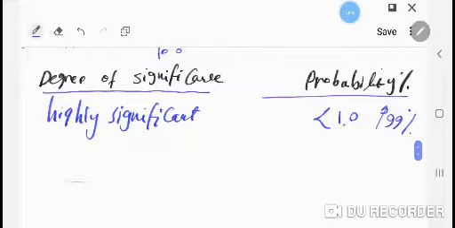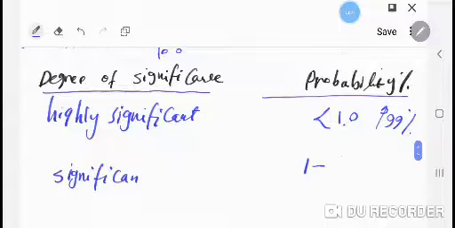For significant, that is for the statistical aspect, the significance is between 1 to 5 probability, or 99% to 95%.